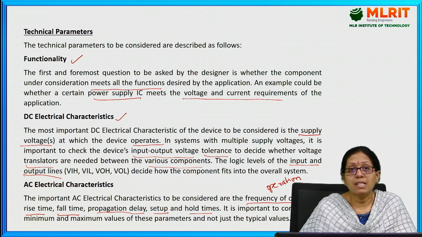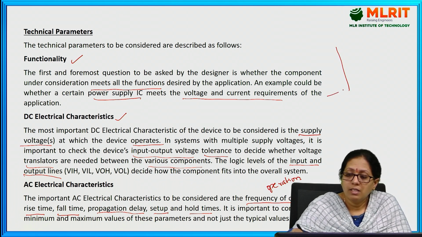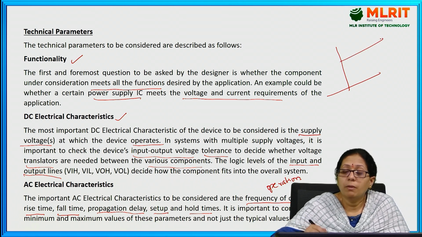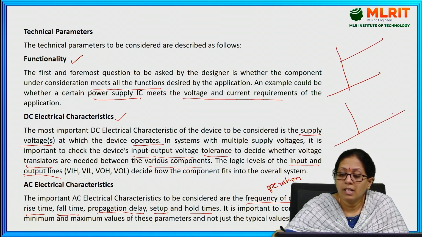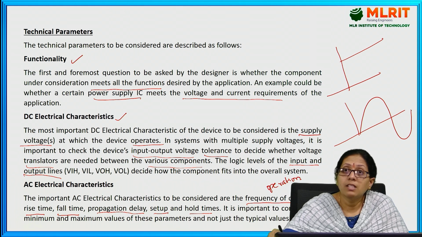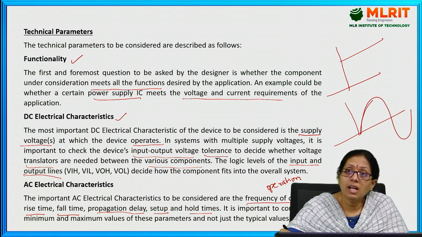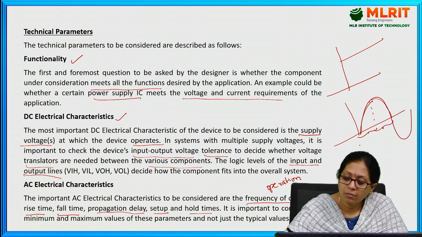But in AC electrical characteristics, we need to consider the rise time. Like this will be your DC voltage supply, there will be no fluctuations, but in AC you will have a waveform like this. So this time is your rise time, this time is your fall time.